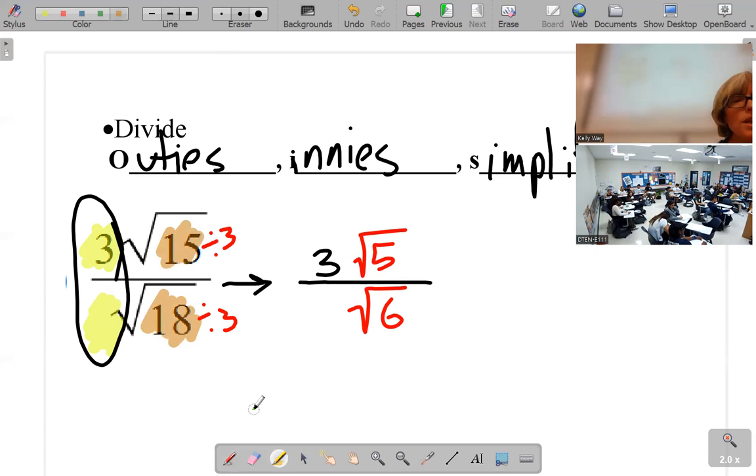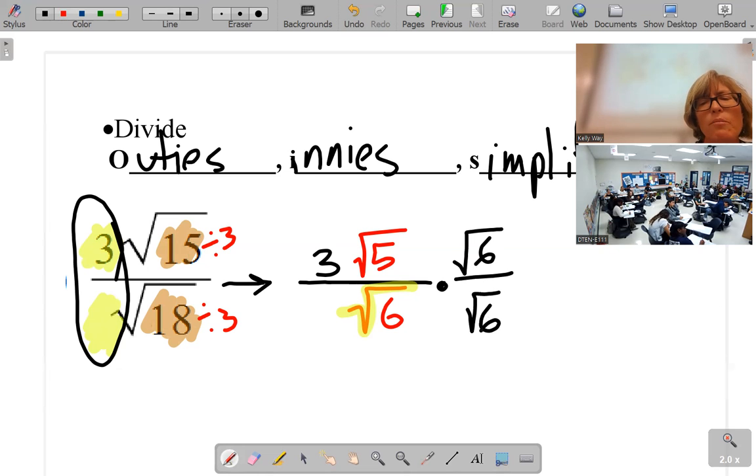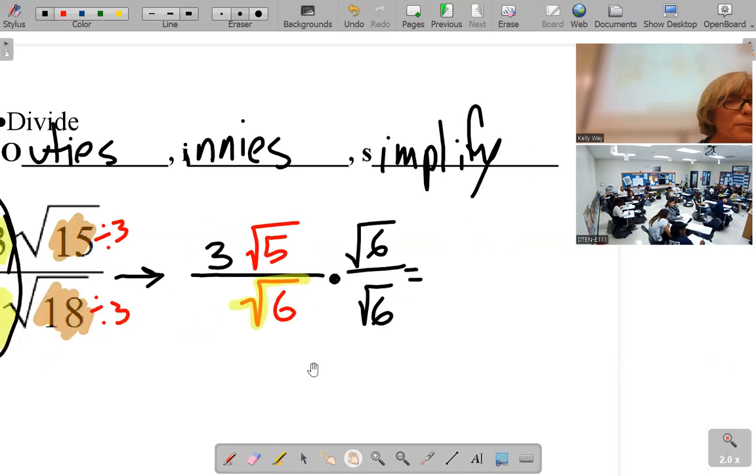A rule is this: you cannot have a square root in the denominator. You can't have a radical in the basement. The way you get rid of it, or cancel, I guess is the more appropriate word, is you multiply top and bottom by the same radical.